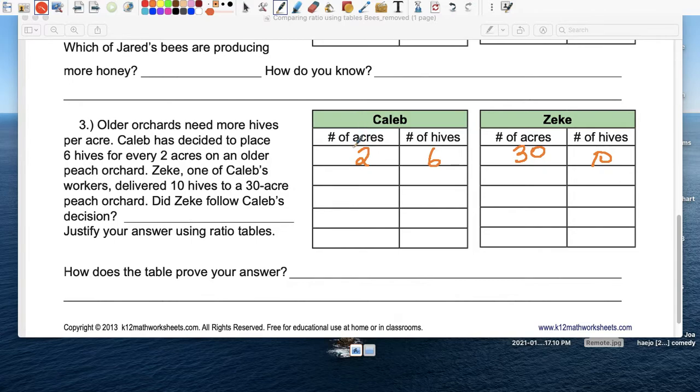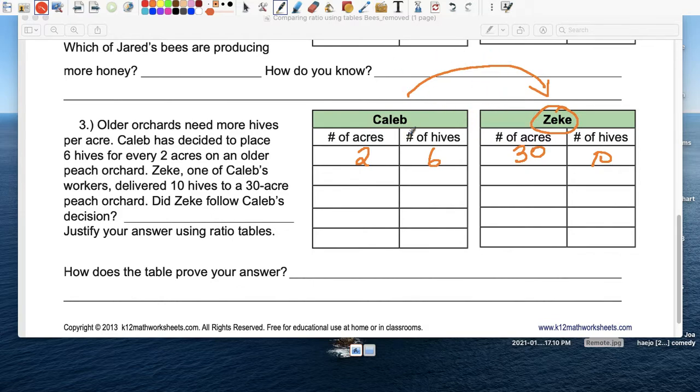Okay, so here's the question. Caleb, I don't know how to say this name. Caleb said, tenemos que poner 6 beehives a cada 2 acres de tierra. Okay? And then he told his worker, le dijo al trabajador Zeke, que es el trabajador de Caleb, que hiciera eso.